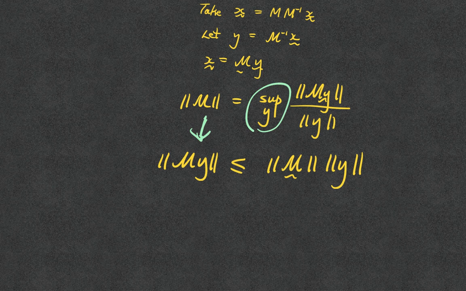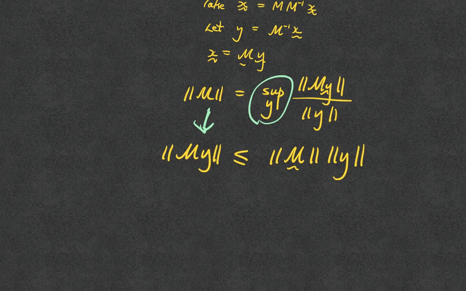Well, this is already the maximum, right? So anything that is not at the maximum means that the other side is greater. Do you understand what I'm saying? I'm basically writing it in two different ways. And then I multiply both sides by the norm of Y, that's it.